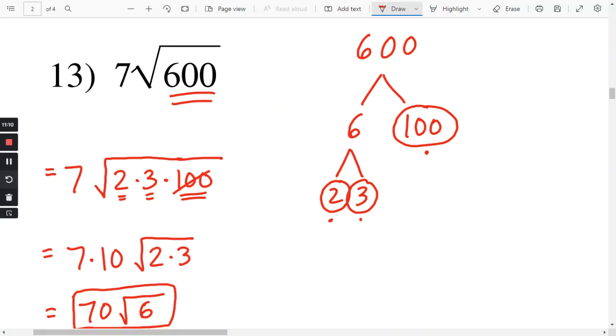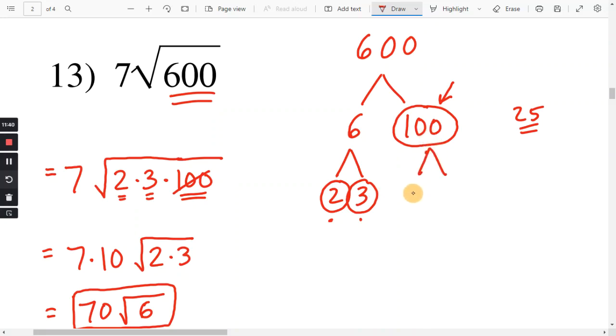And I was going to say, if you do your factoring tree and you get a number that you know the square root of, you can stop right there. You don't have to keep breaking it up, because it will be very easy to take the square root of that number. So like if you're doing the factoring tree and you get a 25, you can just leave that, because you know that 5 times 5 is 25. All right. Now, you could have kept going if you wanted to.